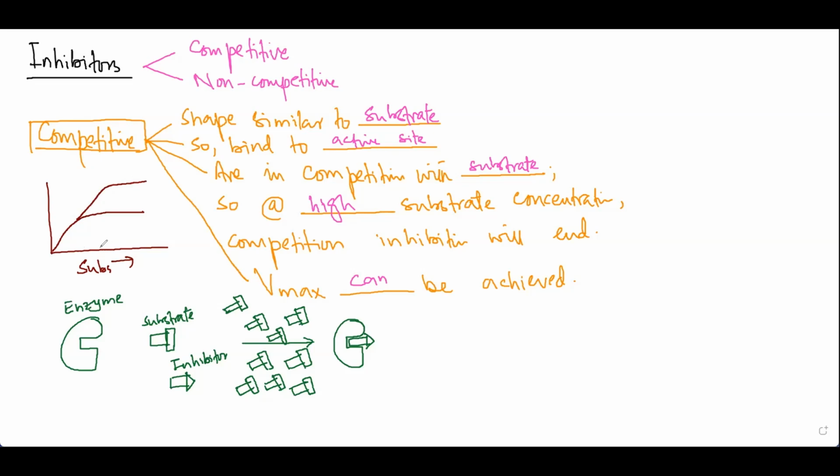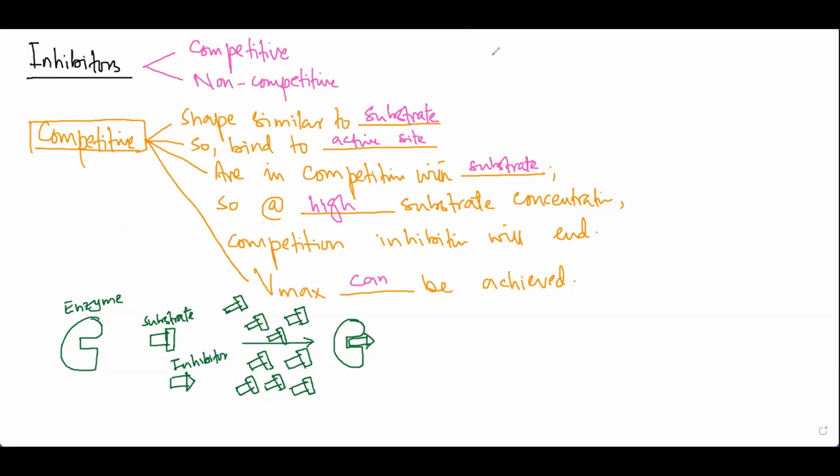If you increase the substrate and the rate increases, it means the inhibitor was competitive. So it was competitive inhibition. The inhibitor was competitive because you increased the substrate and the rate increased. Okay? If increasing substrate increases the rate, it means there is competition, and that competition is won by the substrate.